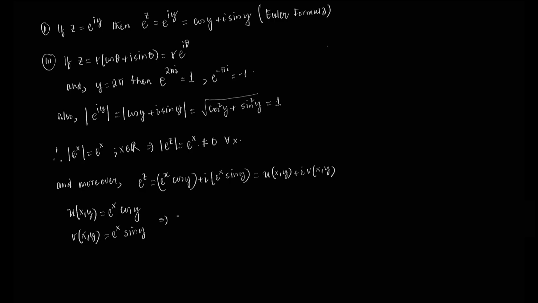That will imply that u x equals e power x cosine y, u y equals minus exponential x sine y, v x is exponential of x sine y, and v y is exponential x cosine y.